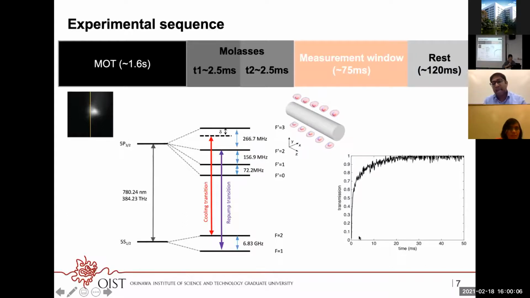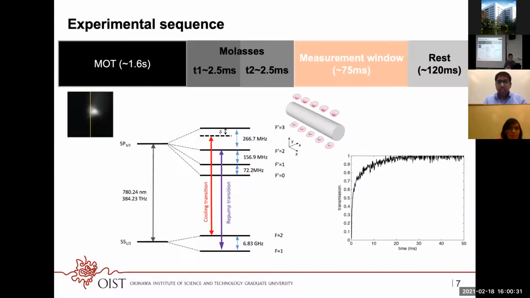As time passes, the atoms are lost from the trap, and more and more probe can come through the nanofiber, finally reaching full transmission. So this indicates the number of atoms that are trapped in such a dipole trap.